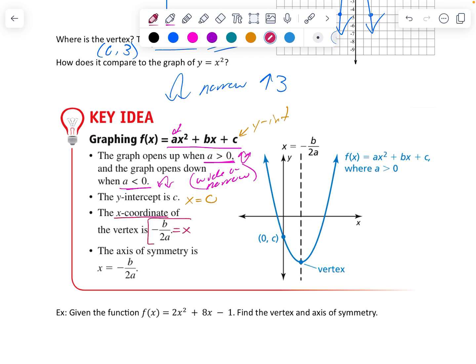And so we're going to use that, just like we did before, to find our x-coordinate of the vertex. And something we didn't talk about before, the axis of symmetry. We talked about how the parabola is symmetric, but our axis of symmetry, I abbreviate AOS, is that line that goes down through the middle. It's a vertical line in the form x equals some number, and that number is going to be the x-coordinate of your vertex.